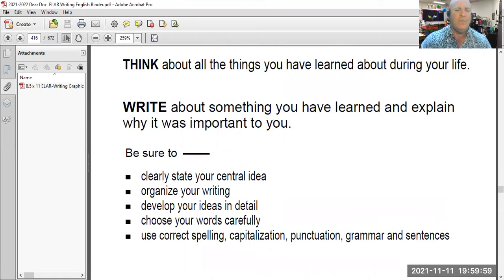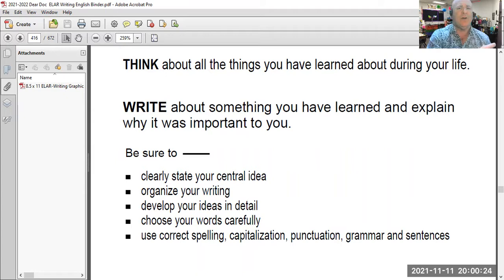How to get a 1: basically have a central idea about the topic. How to get a 2: organize with reasons why and examples. How to get a 3: develop. How to get a 4, which our next video will be: choose your words carefully, because basically the development rubric in Texas says to develop your essay with voice.